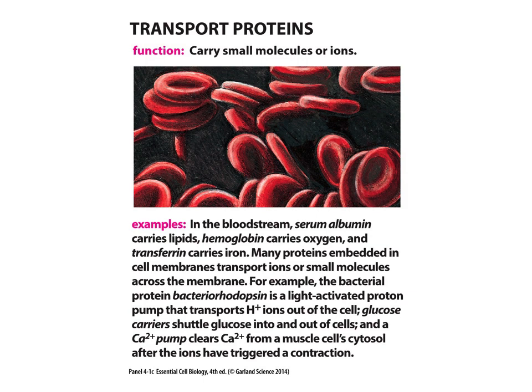There are also going to be transport proteins that are embedded in the cell membrane. So in chapter 11, when we look at the cell membrane, we'll look at the role of some of these transport proteins.